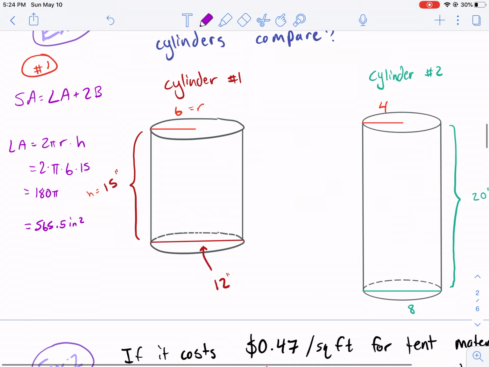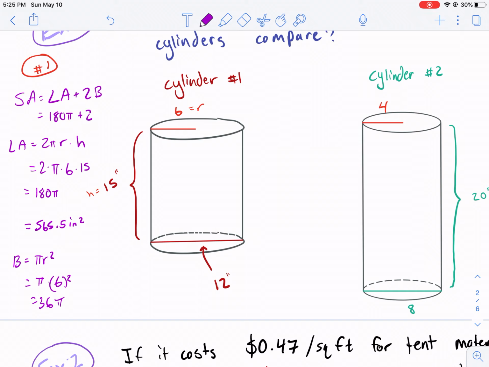Now we need to find the area of a base. The area of a base is equal to pi r squared. So that's equal to pi times 36. 6 squared is 36. Let me write that out just so you see. 6 squared, so we have 36 pi. So if we're talking about our total surface area, we're talking about 180 pi plus 2 times 36 pi, which is 180 plus 72.